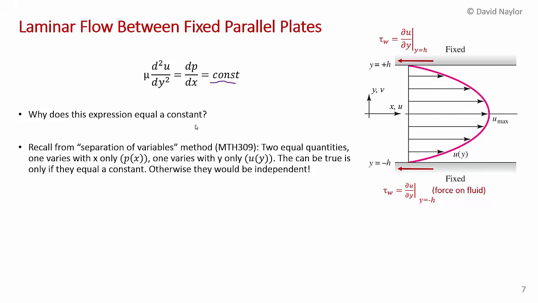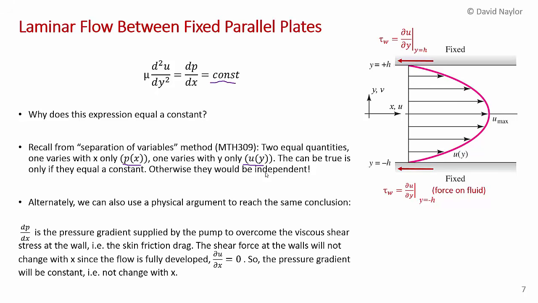What we have here are two equal quantities, a function of p and a function of u, and one of them only varies in the x direction. P is only a function of x, and u is only a function of y. And the only way this can be true is if they equal a constant. Otherwise, they would be independent of each other and they couldn't be equal. So that's a mathematical argument for why they have to equal a constant.